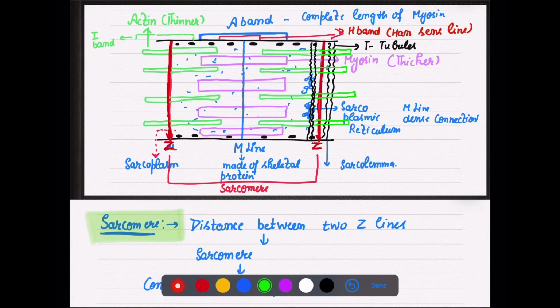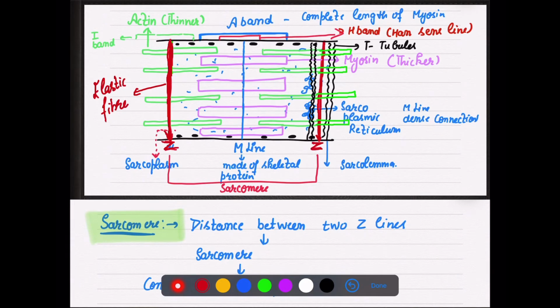These red lines bisect the I band at the center. This is our elastic fiber, and it is called Z line.